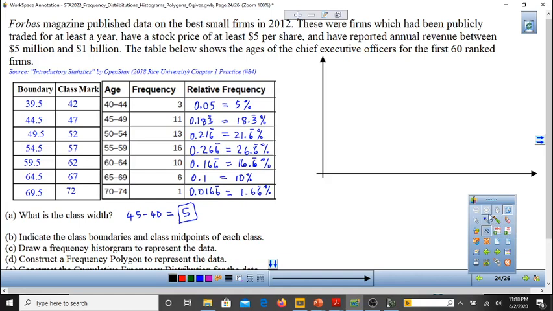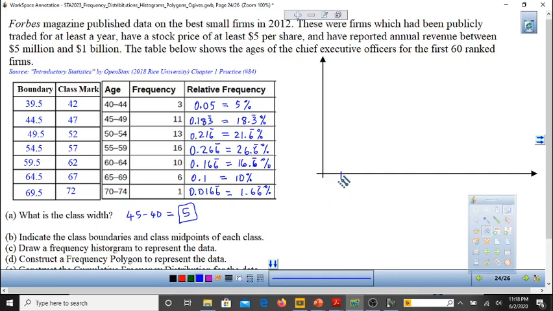So what I'm going to do is put in my markers using the class boundaries. So I need 1, 2, 3, 4, 5, 6, 7 boundaries. So let me start by creating some boundaries here. Actually, I'm going to need a boundary at the end of this one, so I need 8 boundaries.